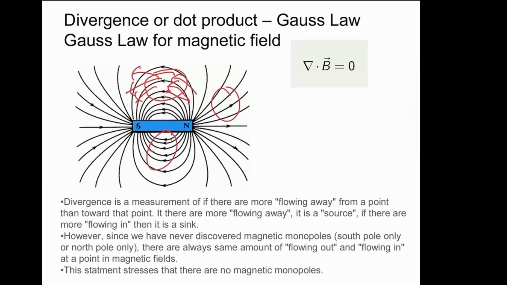We do it here, also the same, and here, the same. So at any location where we do the dot product, the divergence, there will be the same input and the same output. Flowing in and flowing out means that at any location the dot product will be 0.